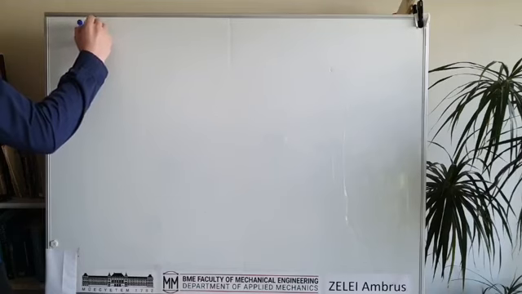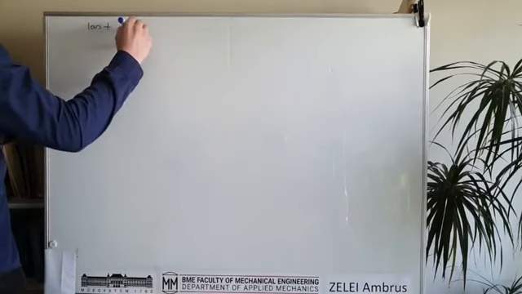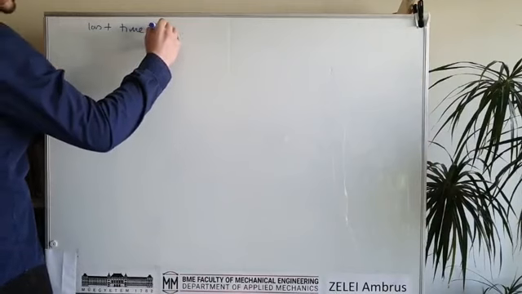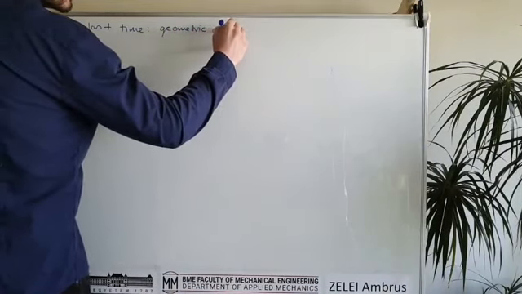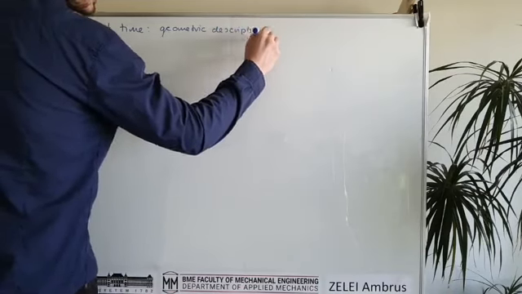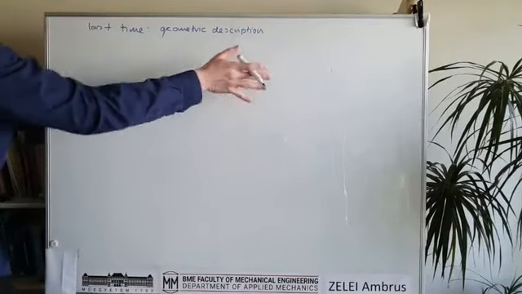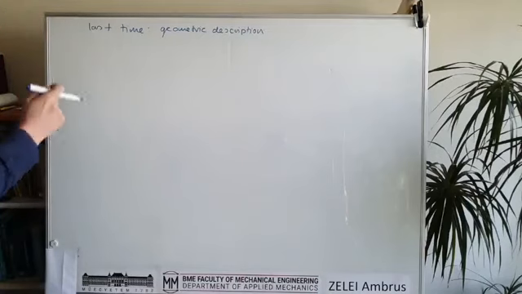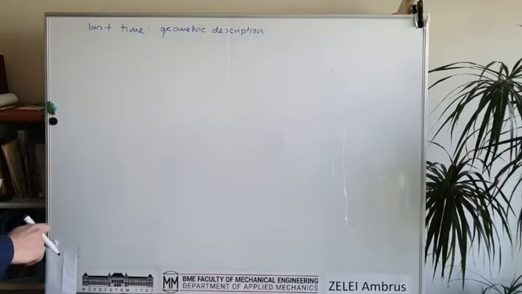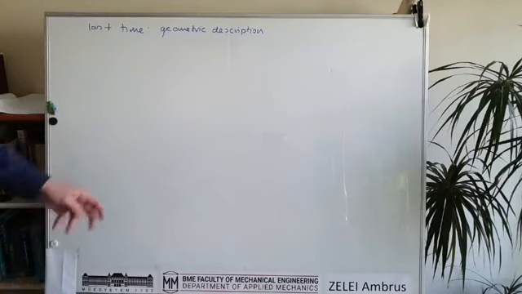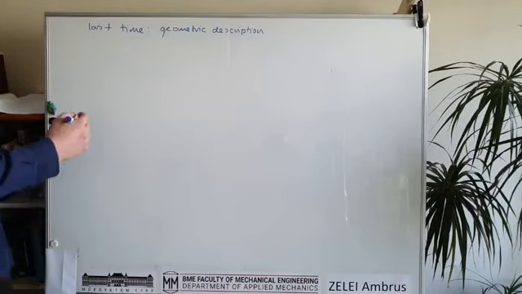Last time we were talking about the geometric description, and in the planar case, for planar serial robot structure, we introduced a simplified notation, which is following the idea of the Denavit-Hartenberg convention, but it's simplified for planar case.